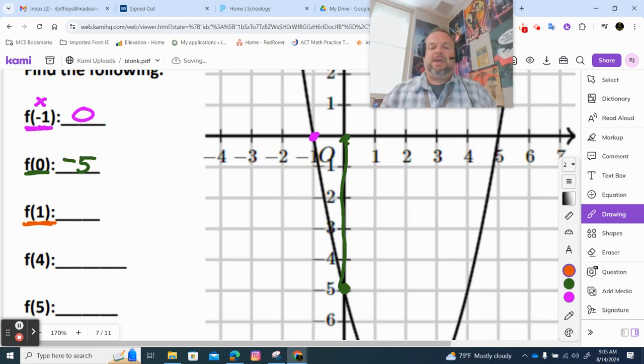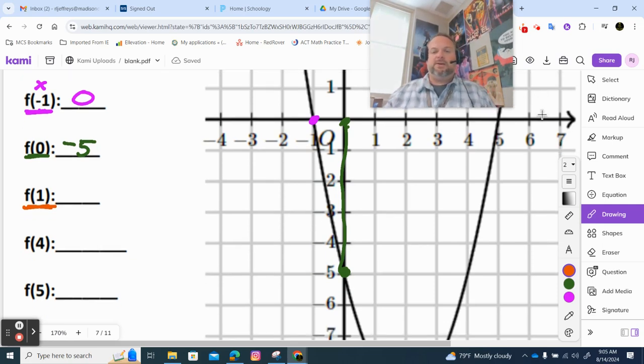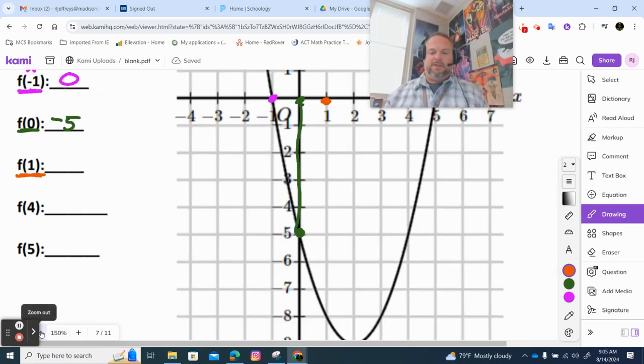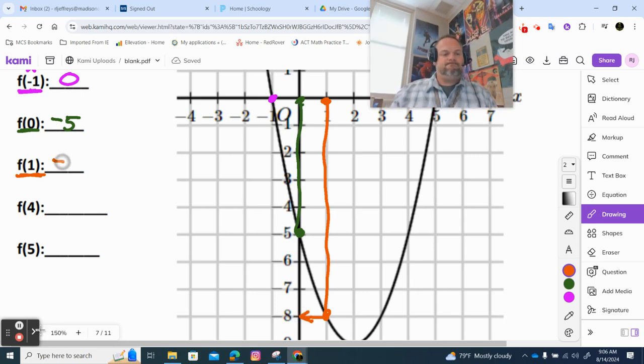All right. F of 1. So here is 1. It looks like I'm going to have to go down again because my graph is below. So I go, bloop. What is that y value? With my purple.